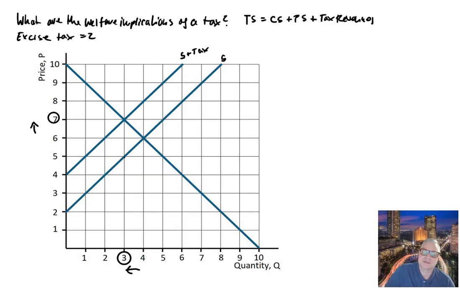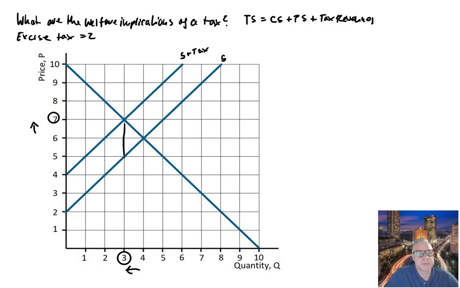So all the producers above that have to exit the market. The new marginal producer is the one with the reservation price of 5, and he still pays this tax. Okay.